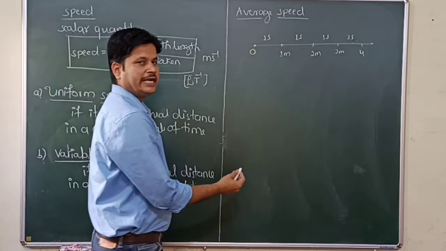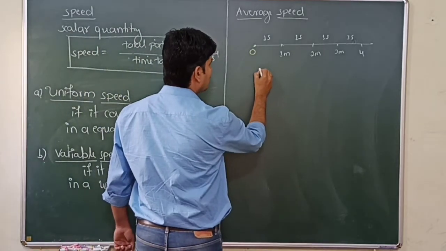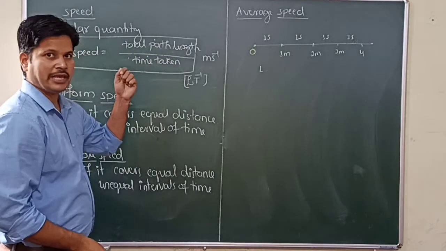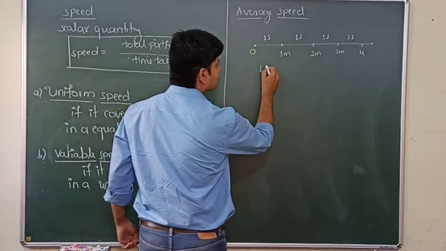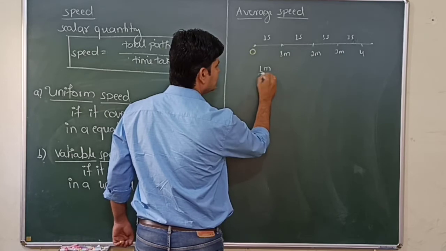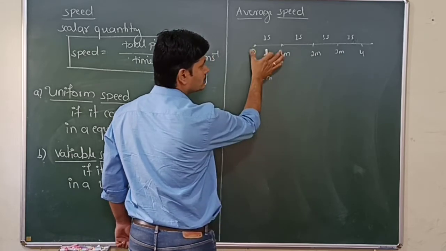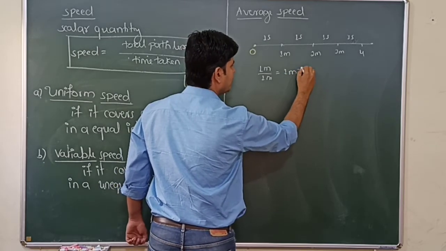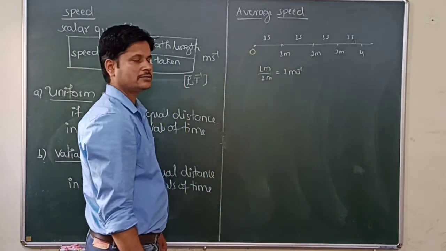Then the speed, that is how we can define it, is the total path length divided by time taken, correct? Then it is 1 meter divided by 1 second for the first interval, which gives 1 meter per second.